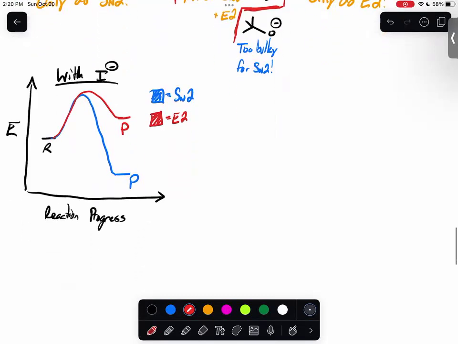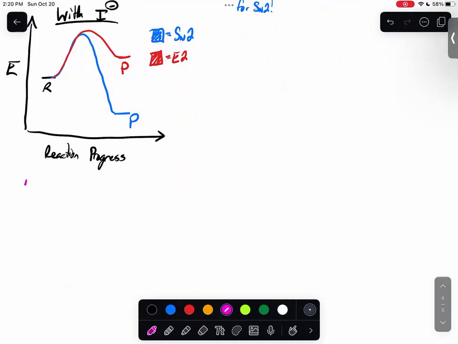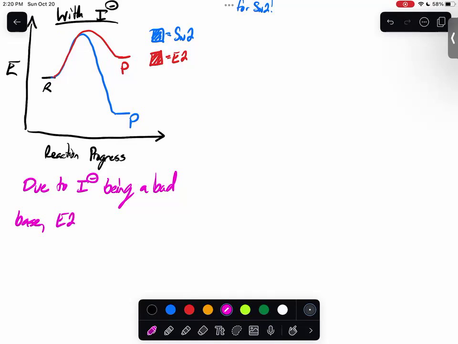So essentially what we're saying there is just due to I minus being a bad base, E2 would be endothermic and disfavored.